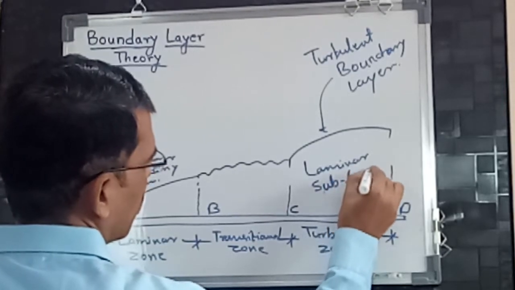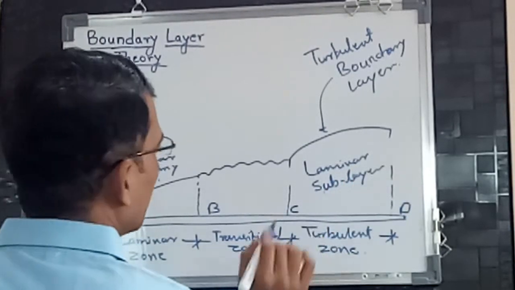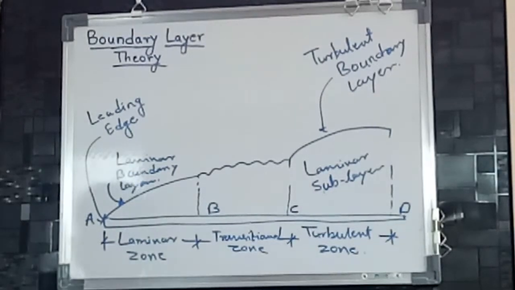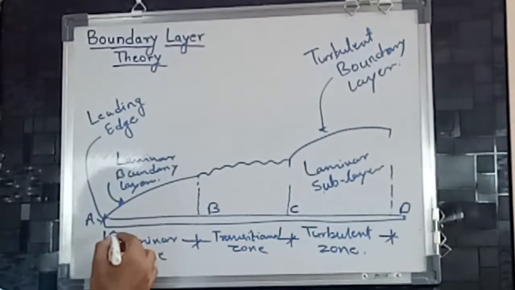This is the trailing edge. This is the end of the plate. This is called the trailing edge.